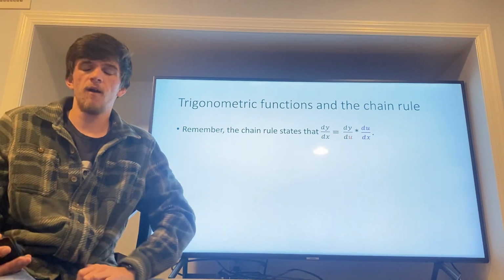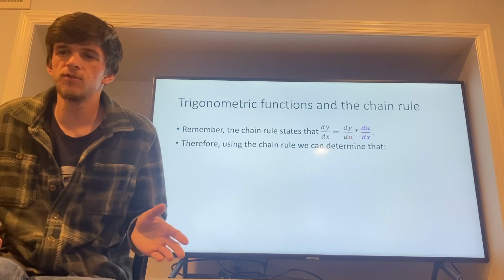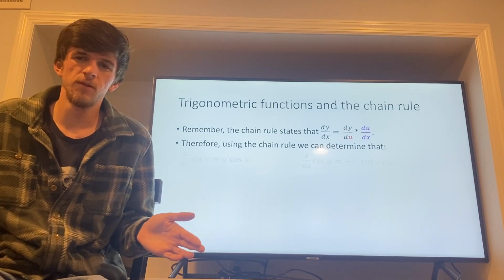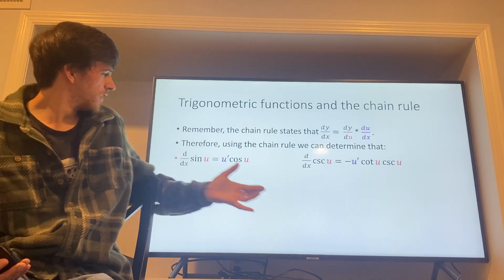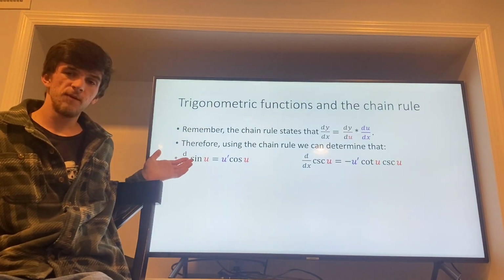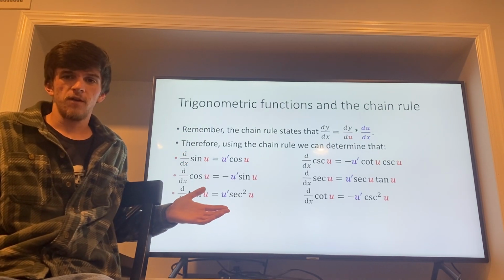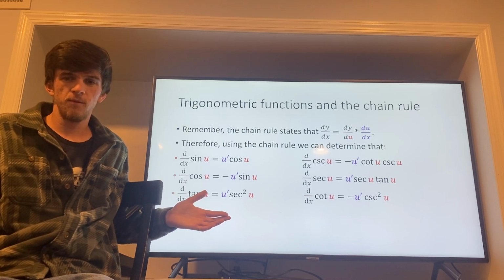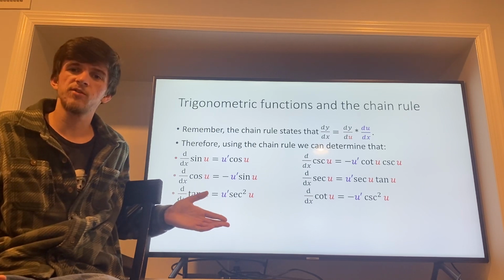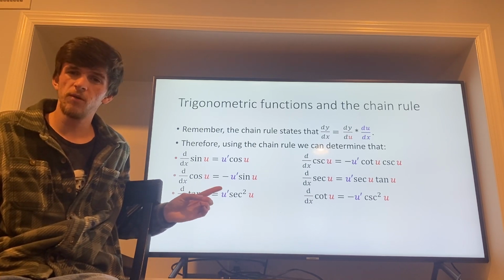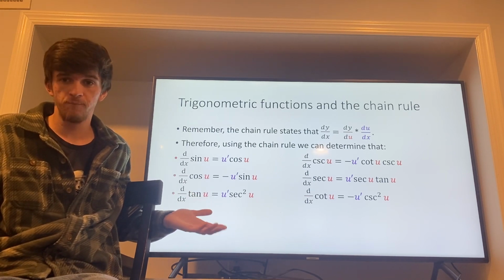So using the chain rule, we can determine the derivatives of the trigonometric functions to be u prime times the cosine of u for the derivative with respect to x of the sine of u. The same could be said all the way across the board. We take our value, we replace our x with our u, and instead of multiplying by the derivative of x with respect to x, which is just 1, we multiply by the derivative of u with respect to x, which is u prime. Yeah?